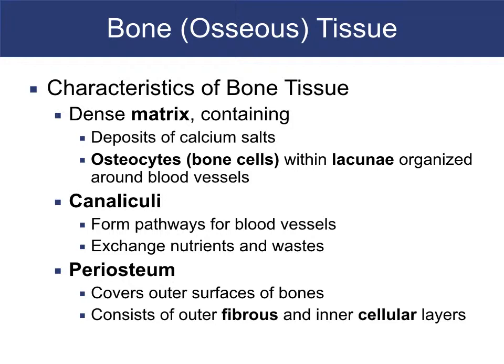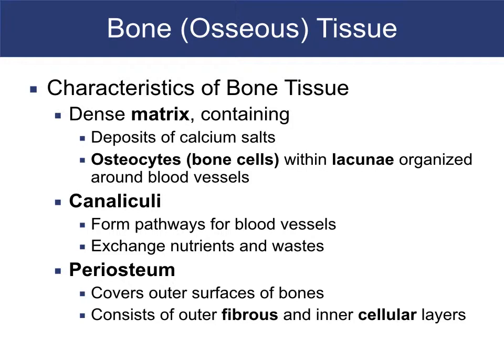Osteo means bone. Osteocyte means a mature bone cell. An osteocyte is a mature bone cell. It's basically the cells that take care of the bone that lives right around it, okay? And so we'll talk about some others in a second.